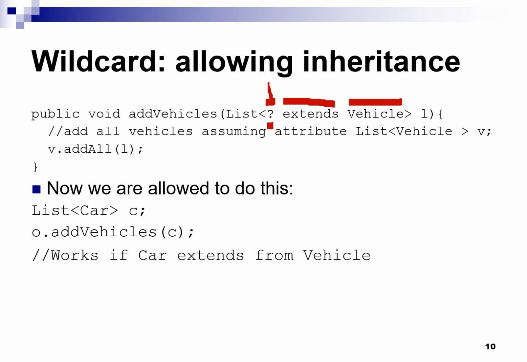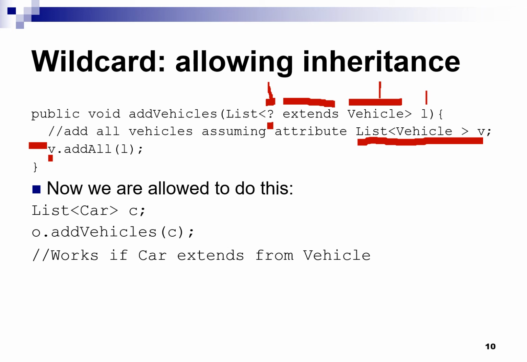This is useful because now, for example, assume in this class I have an attribute which is a list of vehicles. Then I can add to this list the list that I have as parameter. That will compile and work because I know that L is going to be compatible with V, because the elements in L are vehicles or any subclass of vehicles, and therefore I can add them all to V.